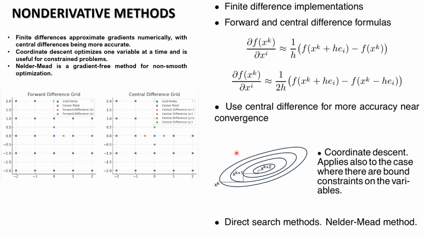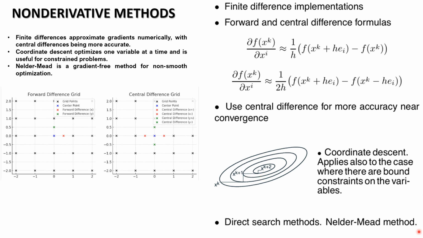This diagram shows the optimization starting from xk, moving along one coordinate direction to xk plus 1, and then moving along another direction to xk plus 2, and so on. Successive steps lead to convergence.